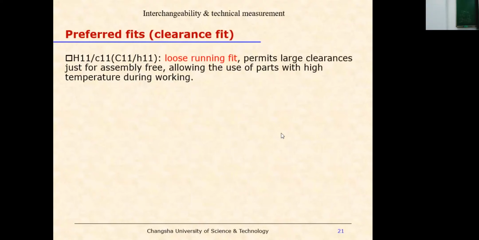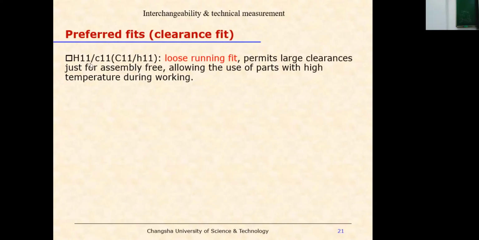It has a large clearance, just for free assembly, allowing the use of parts at a high temperature during working. When the temperature is high, the part will grow larger, right?